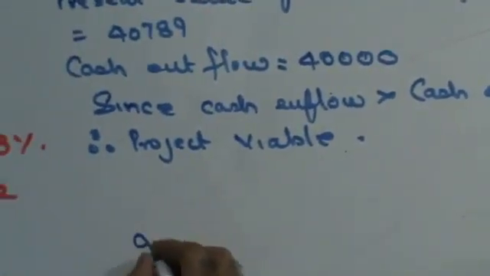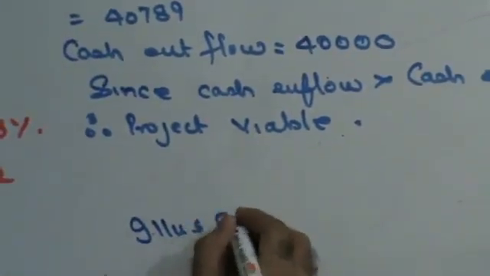Next, let's see Illustration 5.8. A finance company has introduced a scheme of investment of rupees 40,000.